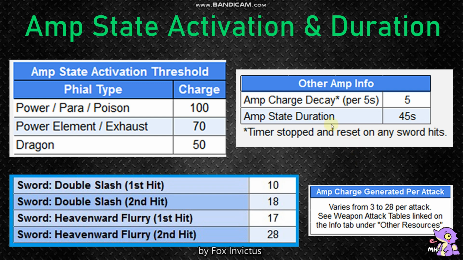And now to come to the last point, I have to tell you about the other M state info. We have the M state duration, which is 45 seconds. I can only recommend using Power Prolonger level 3.